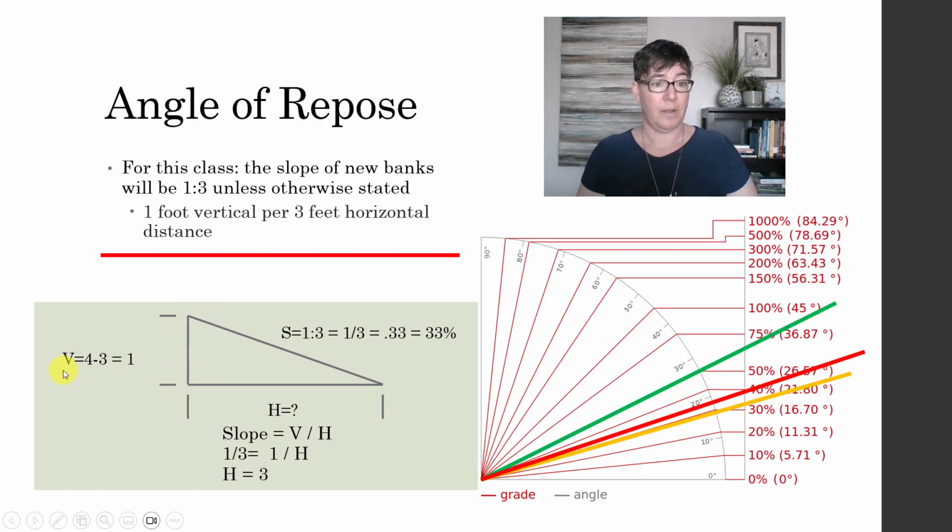So our vertical distance is 1, our horizontal distance is 3, and our slope is 1 in 3 or 33%. If you can see over here in red, that's a rough average of different soil types, and so that's why we use it for the course.